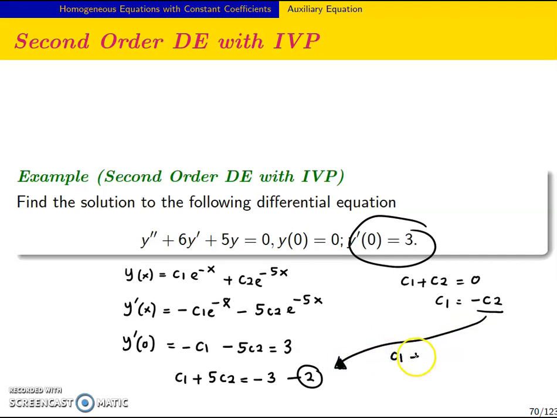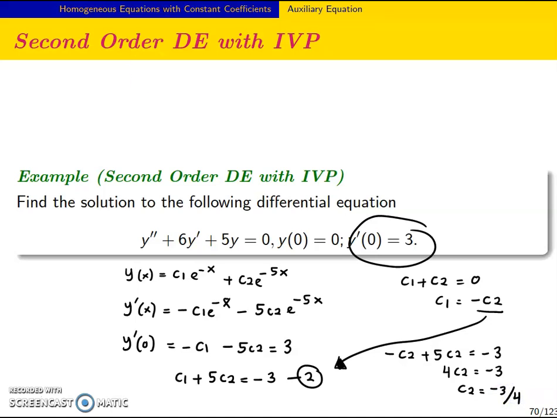So c1 plus 5c2 becomes negative c2 plus 5c2 equals negative 3. So I have 4c2 equals negative 3, c2 equals negative 3 over 4.